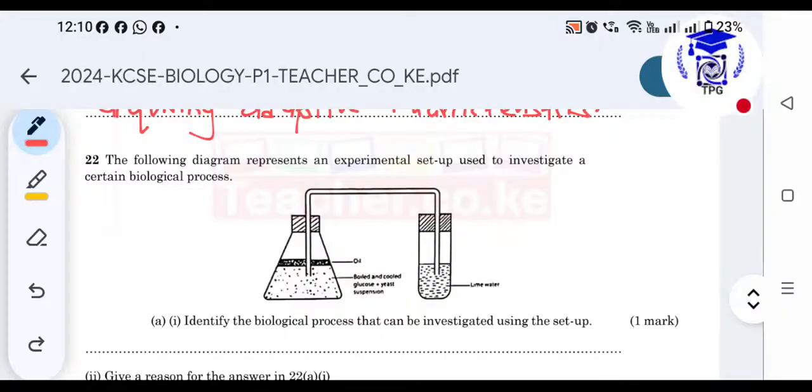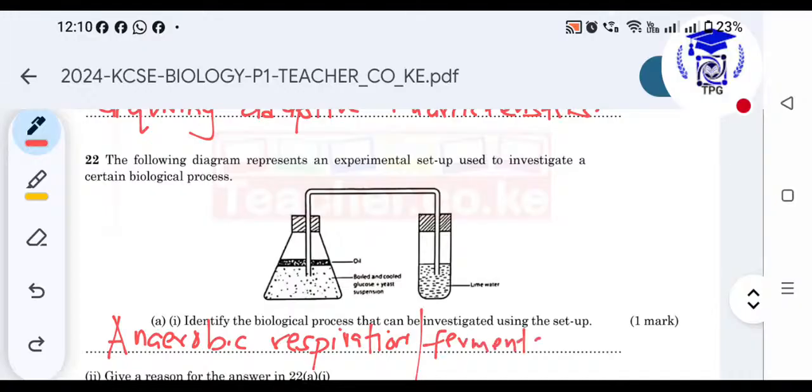So the process here is anaerobic respiration. Because oil is there, it takes place in the absence of oxygen, which we can also call fermentation.